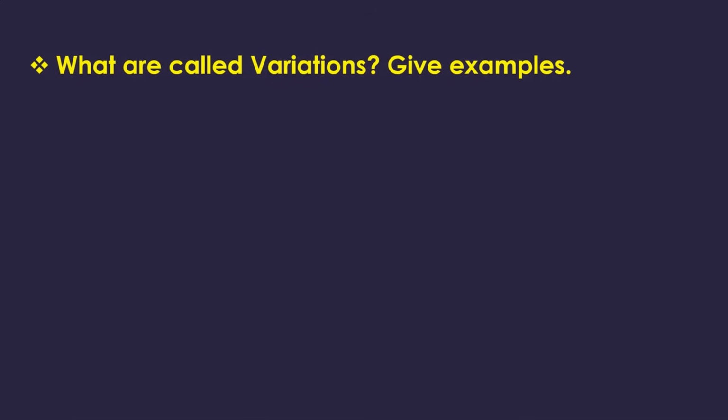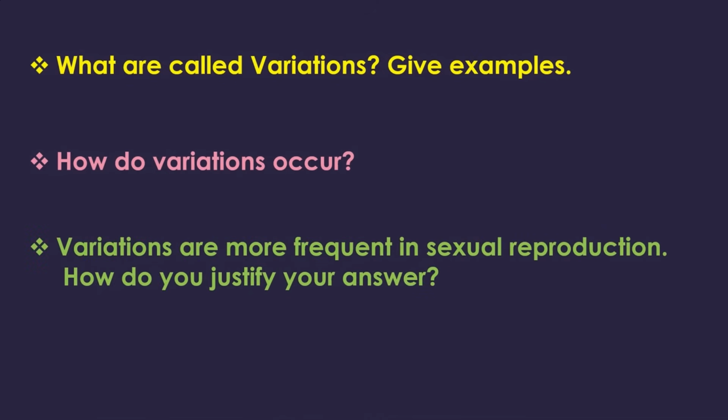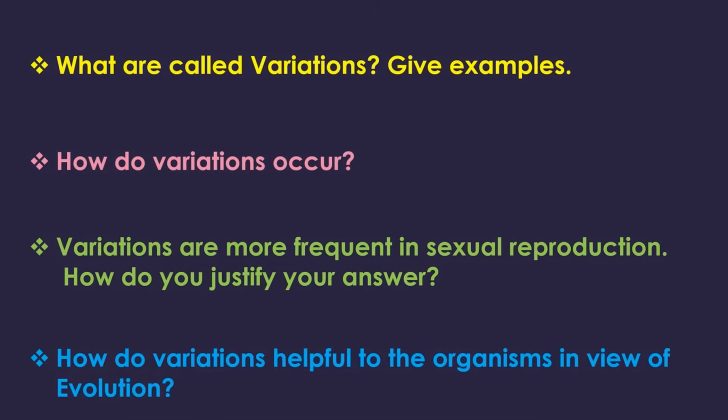So, now coming to the evaluation phase of the 5E lesson plan. These evaluation questions can give better feedback for the learning of the topic. What are called variations? Give examples. The second question is, how do variations occur? Variations are more frequent in sexual reproduction. How do you justify your answer?